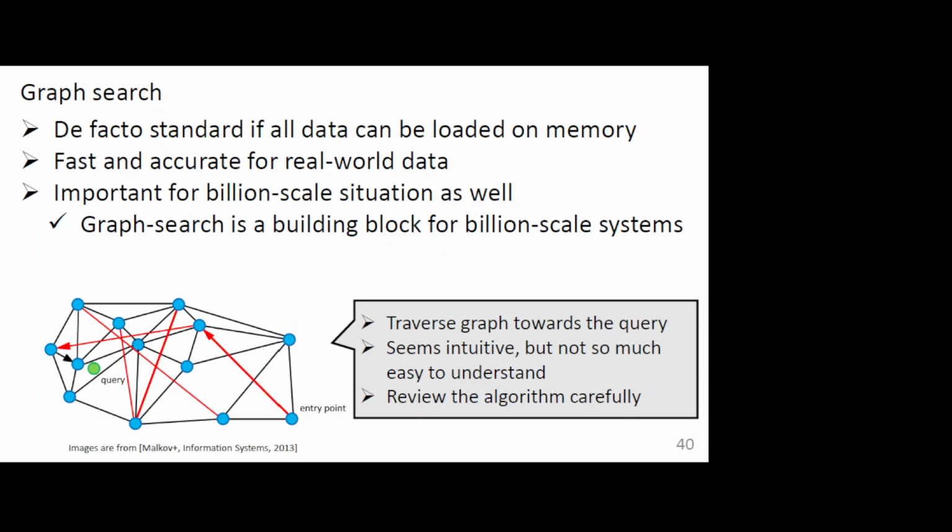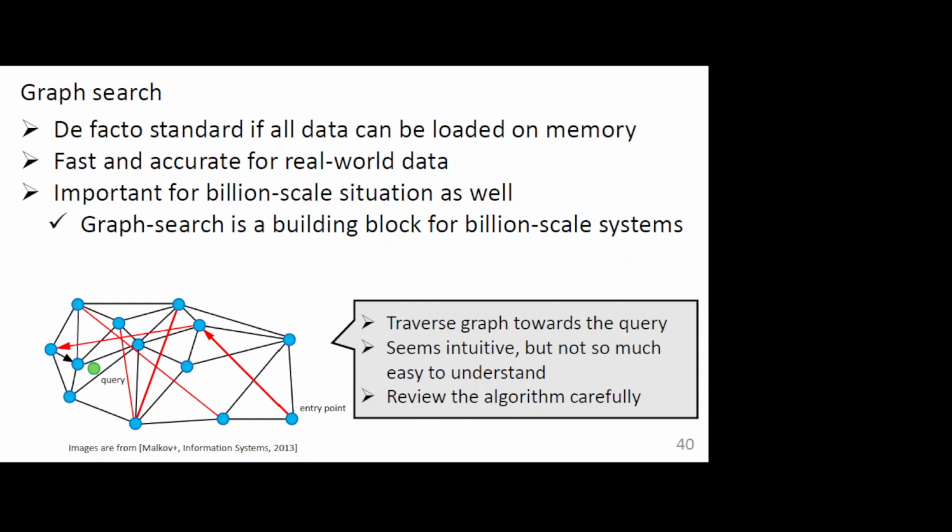Graph-based is the de facto standard if all your data can be loaded in memory. That's why in this talk I only consider the medium scale, because at the billion scale, your graph structure cannot be loaded in a personal computer.